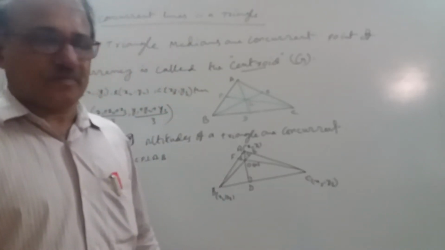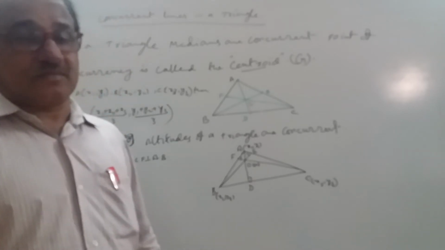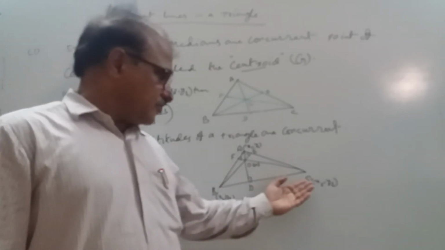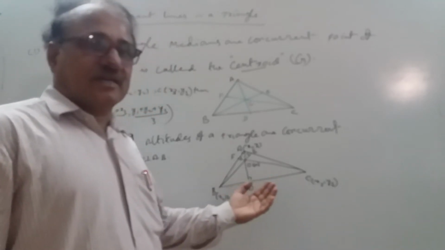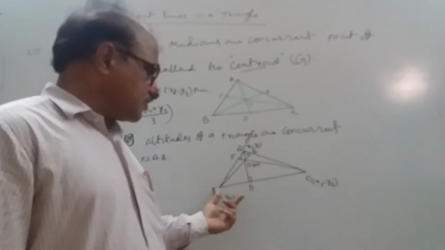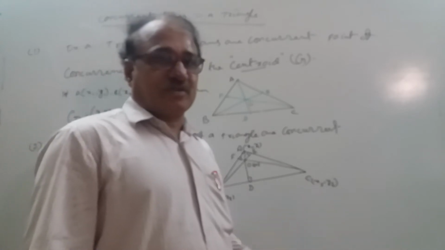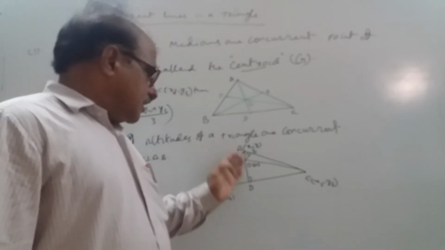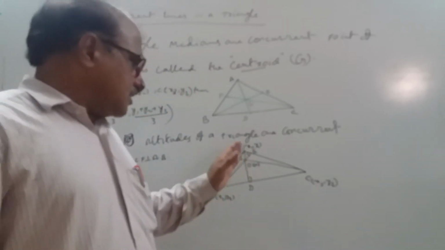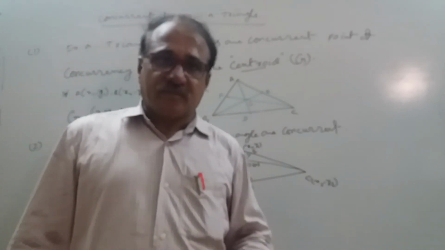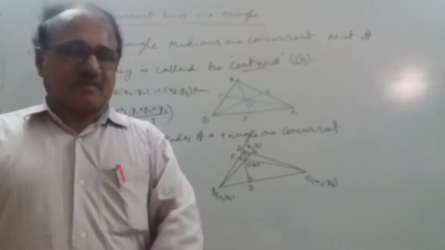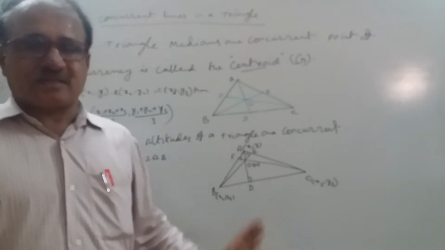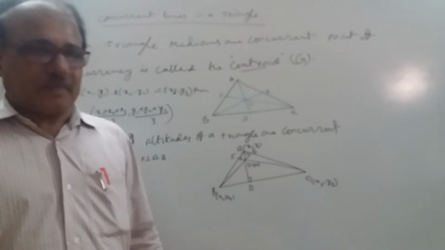It is not possible. So we have to use the slope of BC. We can find the difference of y coordinates divided by the difference of x coordinates, which gives the slope of BC. AD is perpendicular to BC, so if the slope of BC is m1, then the slope of AD is minus 1 by m1, since these two lines are perpendicular.